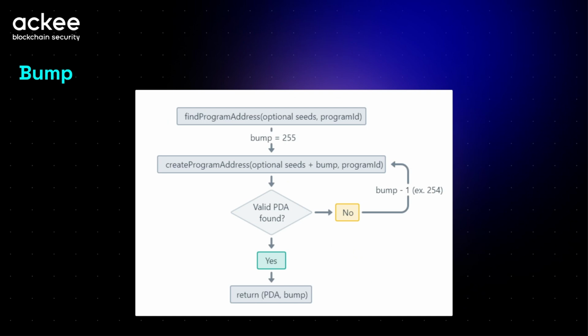Okay, and you may ask, what is actually the process of creating the PDAs? It firstly starts with find program address. You have the optional seeds and you have the program ID.